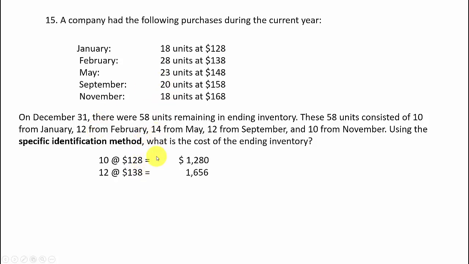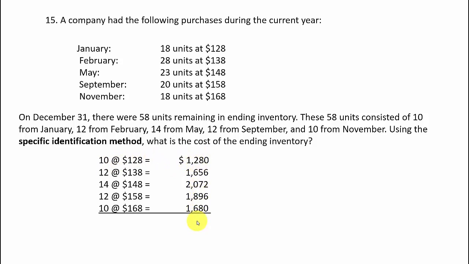Looks like we've got 14 from May at the May price, and looks like we have 12 from September, and then another 10 from November. So you want to cross multiply all these things out, then add them up to see what the total is of those items that we have, those 58 units. So we have 58 units, and their cost of the ending inventory is $85.84.